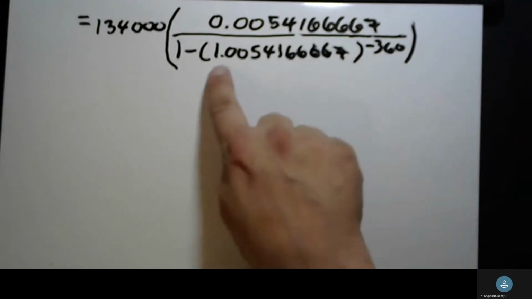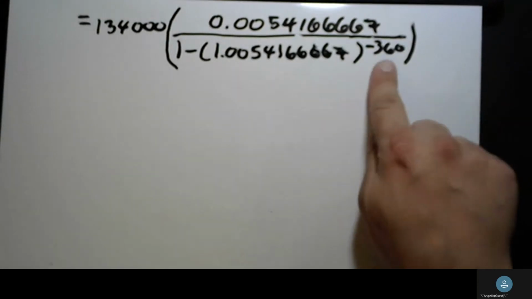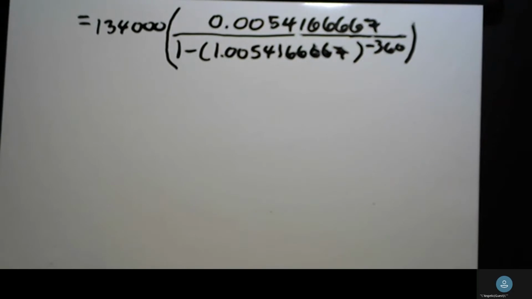So we're going to compute this next, this number to the negative 360. Let's see, what do we do when we get that? Put this into my calculator.